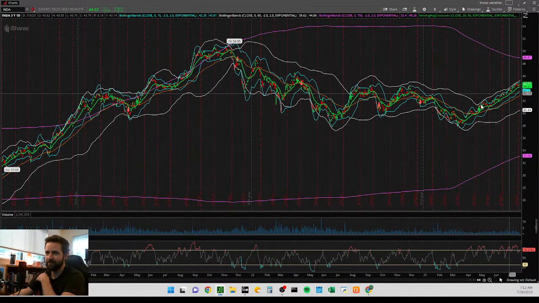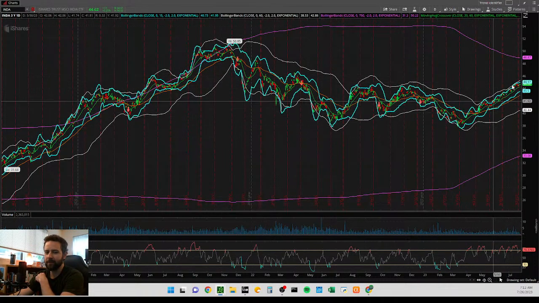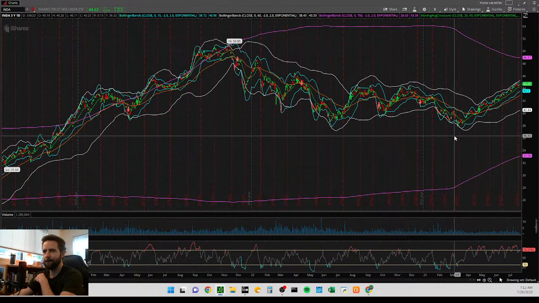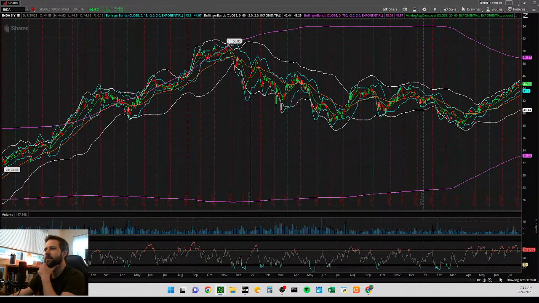Dude, that is a solid P-Rod right there. Ping! India. Oh, ripping right as we're looking at it. No, don't close position.